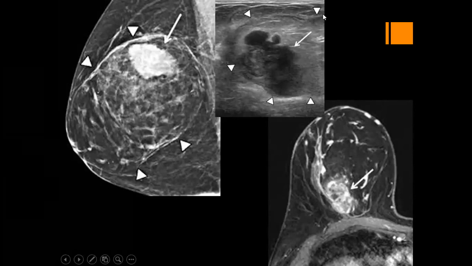Indistinct with some microlobulation. Sometimes you might find a mixed type. Here, indistinct with spiculations. Here, there are microlobulations and an indistinct border, because there is a lot of reaction around the lesion that makes it very indistinct.